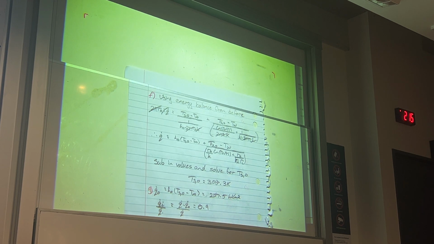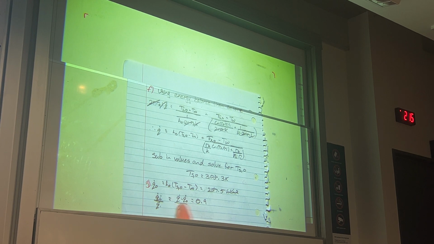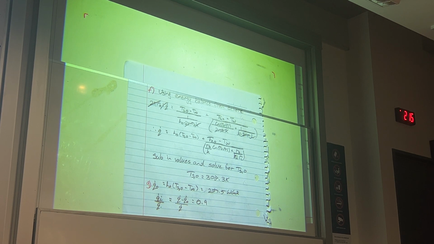So of that 2,000 watts per metre squared, 207.5 watts per metre squared is going out into the environment. So if we want to find the ratio of the flux that goes in, we can just do the difference in Q minus Q naught, or Q outer, divided by the total energy input. And we find that 90% of the power dissipated ends up going into the pipe.